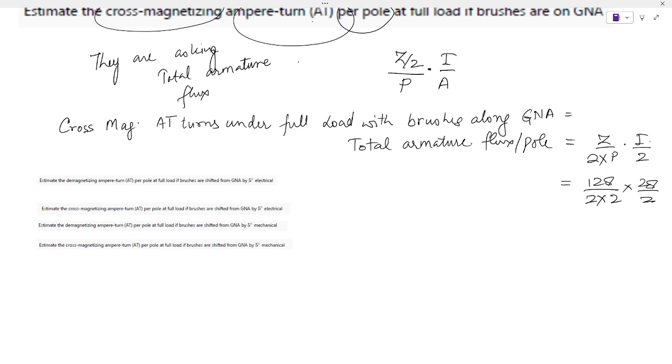What answer are you getting? 448. Fine. Now next part will be understood or not?